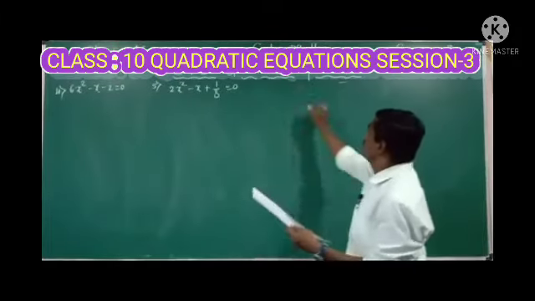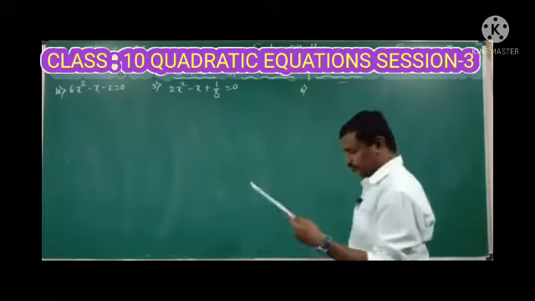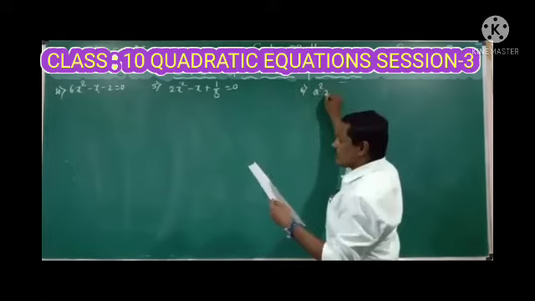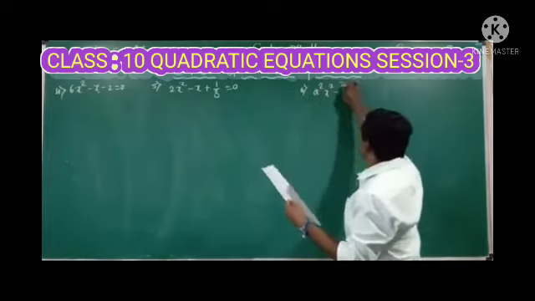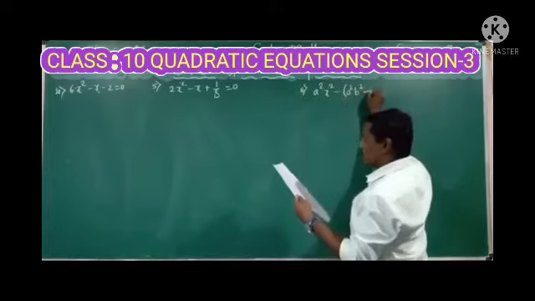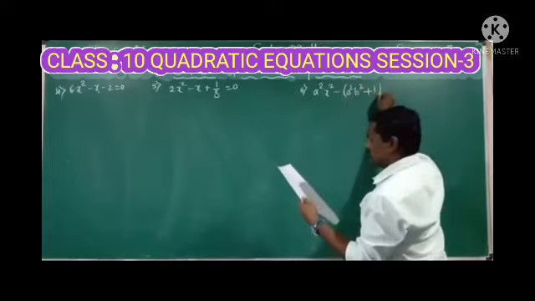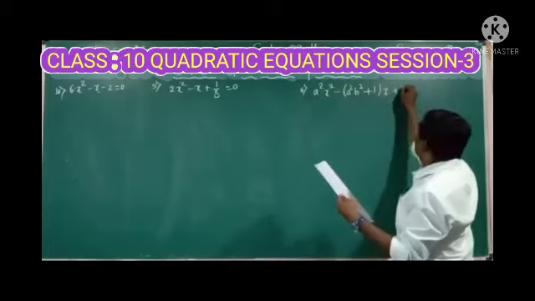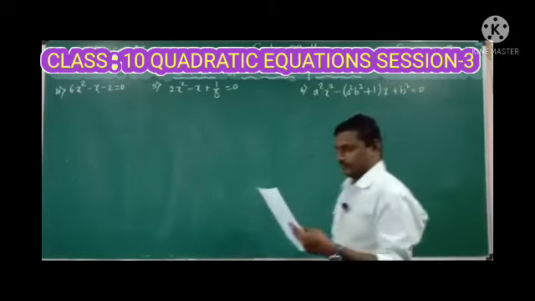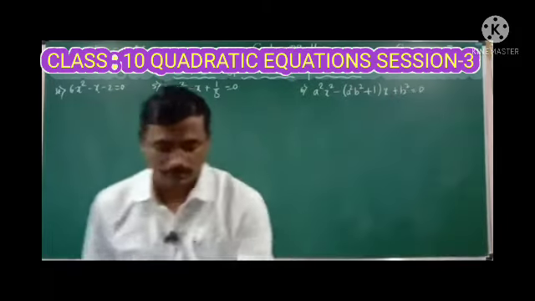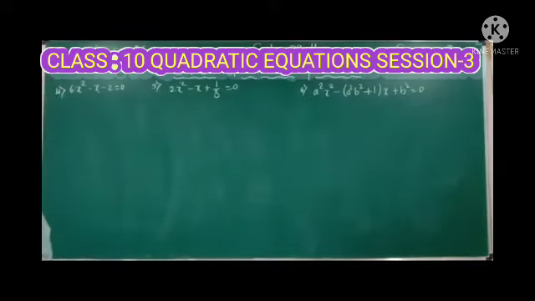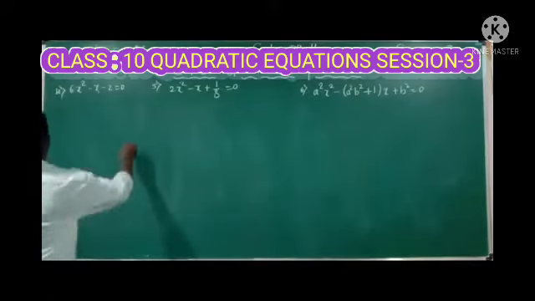Next one, sixth question: a square x square minus a square b square plus 1 into x plus b square is equal to 0. So just simplify these questions by using the factorization method.